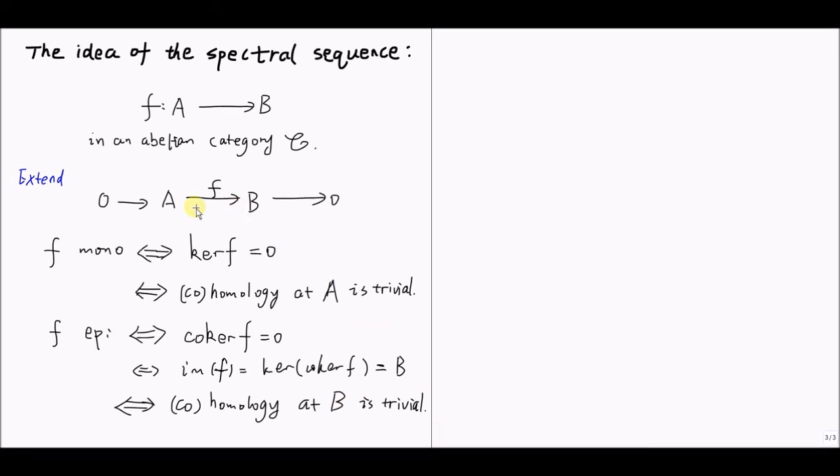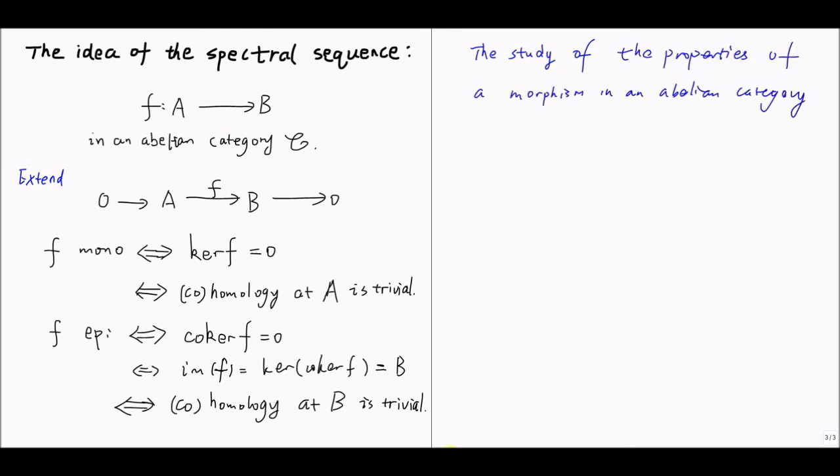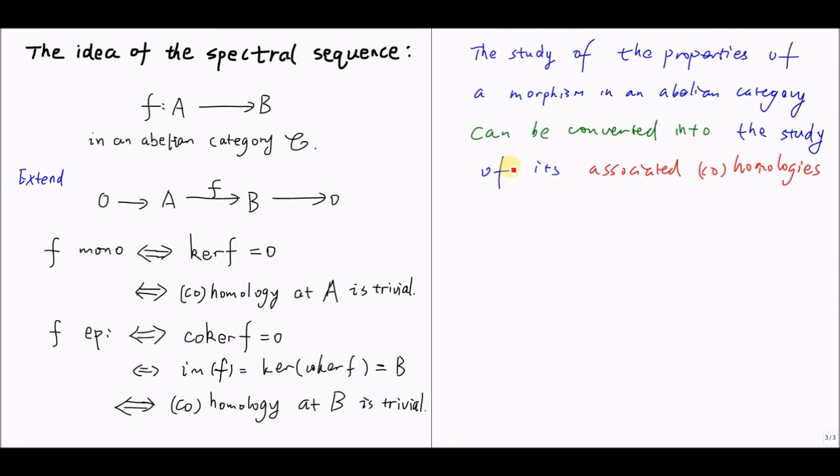And what can we learn from here? From here we learn the study of the properties of an arrow in an abelian category can be converted into the study of its associated homology or cohomologies.